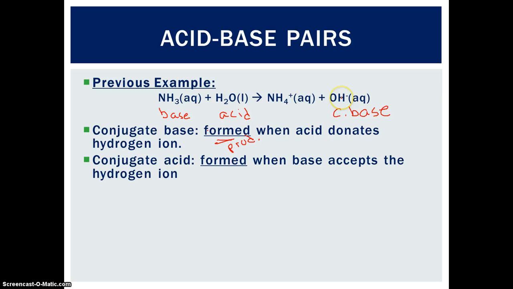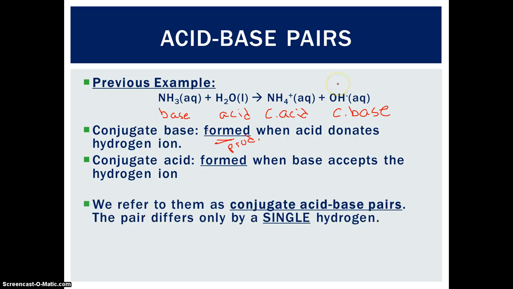And then, same idea, the conjugate acid is formed when a base accepts the hydrogen ion. So here's my base, here's my base after it accepted the hydrogen ion, so this makes it my conjugate acid. The conjugates are the products to go with the pairs. So a conjugate acid-base pair are things that differ by only a single hydrogen. So NH3 and NH4, 1 hydrogen's difference, and H2O and OH, 1 hydrogen's difference.